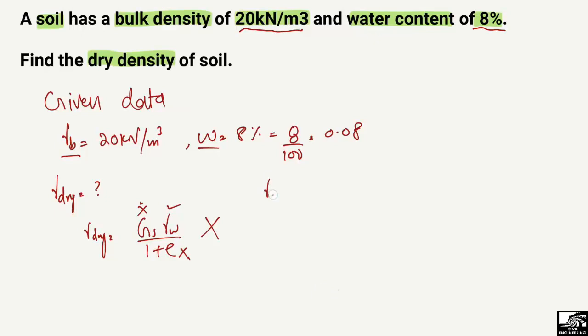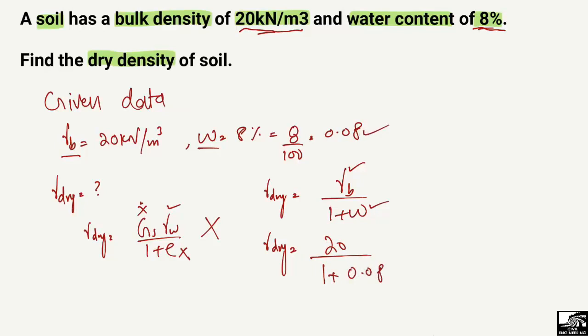But if we use another equation, where the dry density of the soil sample is equal to the bulk density divided by 1 plus water content, we have the bulk density and the water content of the soil sample, and both are known to us. We will simply put in the values. The bulk density is 20 kilonewton divided by 1 plus the water content of 8%, or 0.08.